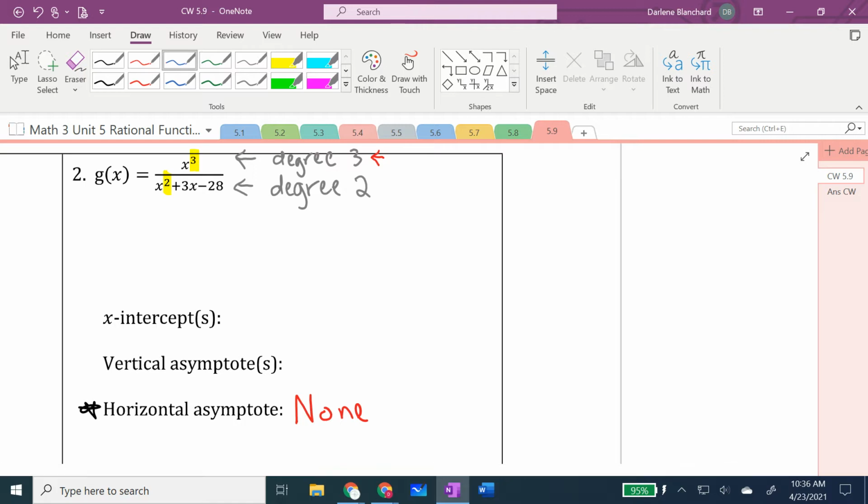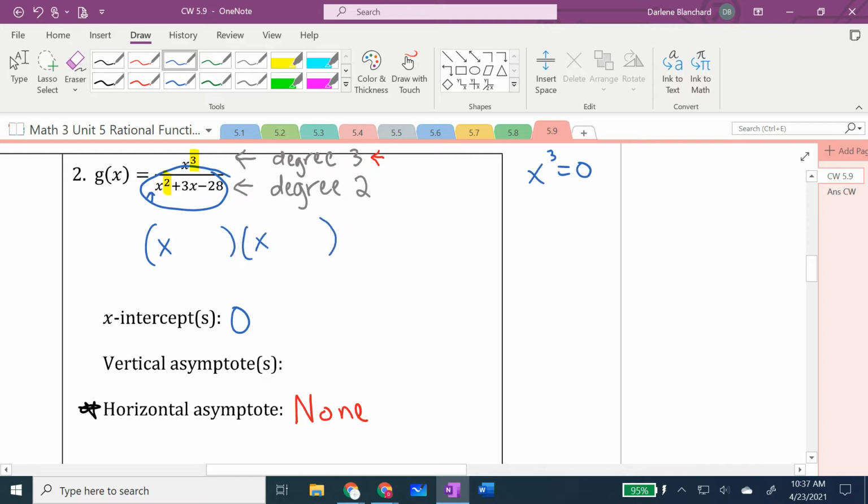Then x-intercepts, what makes the numerator equal to 0? Vertical asymptotes are what makes the denominator equal to 0. And when I don't have a number in front of my x squared, the factoring is a little bit easier. You're just looking at two numbers that multiply to make negative 28, but adding them gives you a positive 3. 7 times 4 gives me 28.